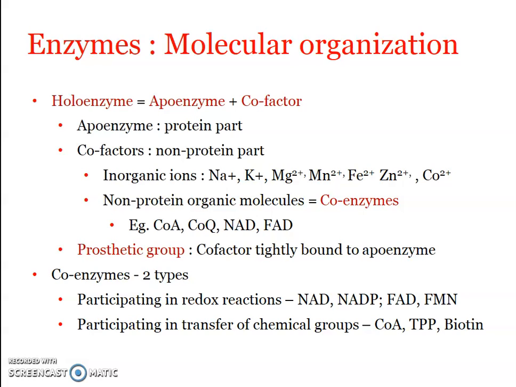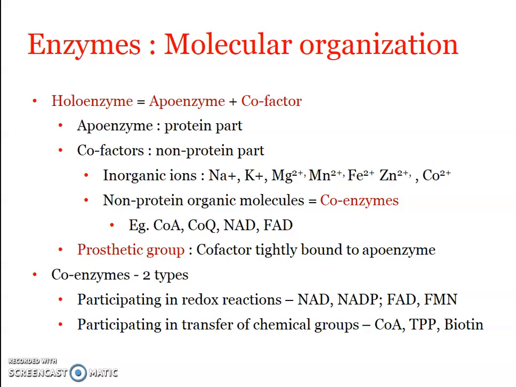It is indispensable for the activity to be brought about. If the apoenzyme and cofactor are separated, independently they cannot act as an enzyme. Only when they are brought together do we have an enzyme acting.